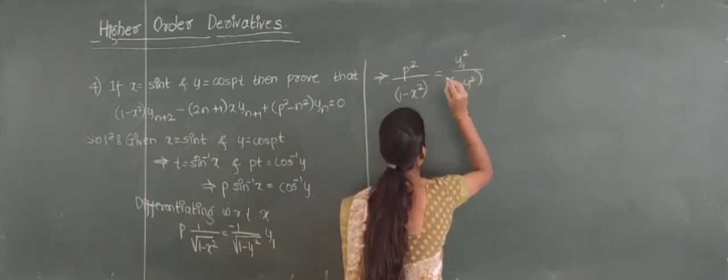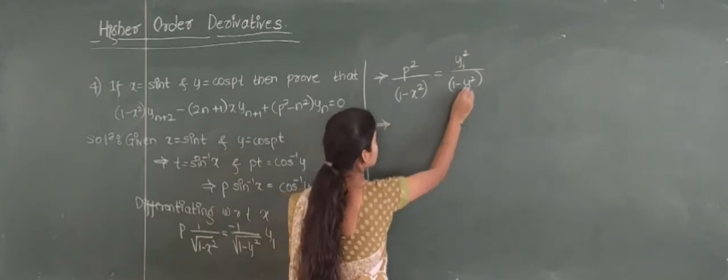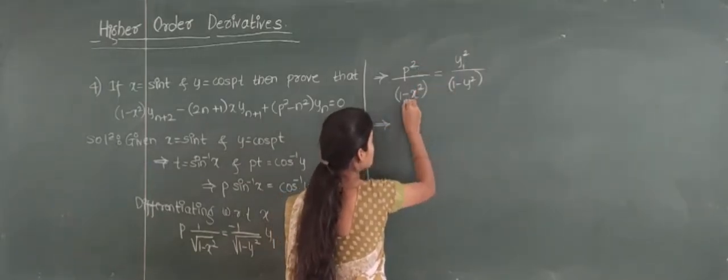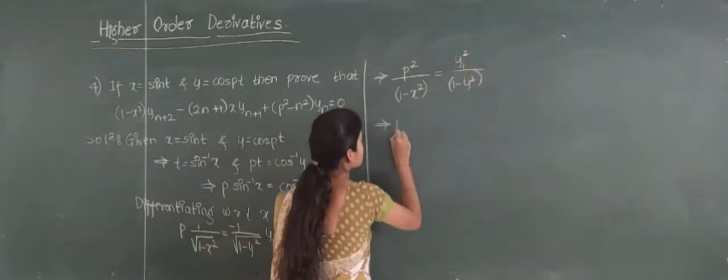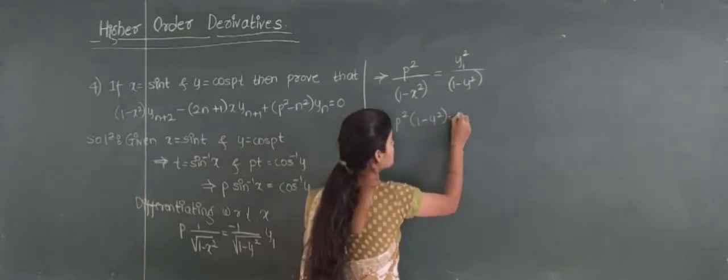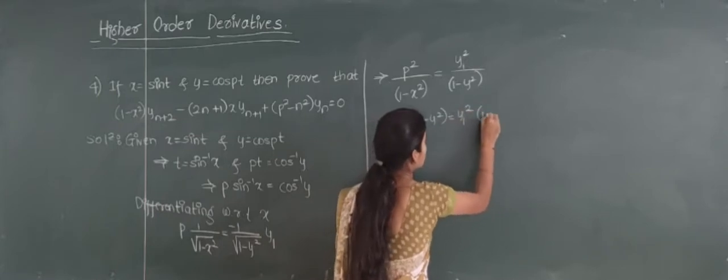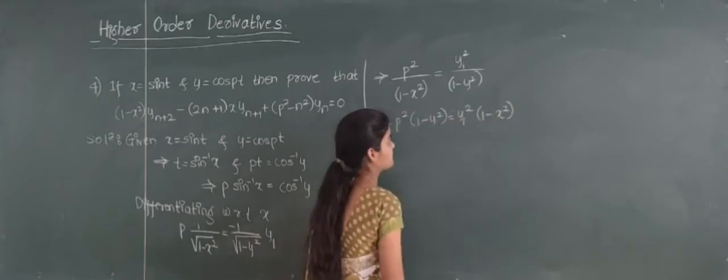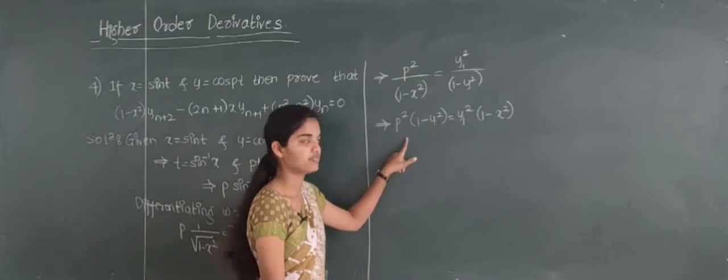So it is y1 square. Again from this we take 1 minus y square to one side and 1 minus x square to the other side. Let us see what we get. That is p square into 1 minus y square is equal to y1 square into 1 minus x square. So this is the term we have got.